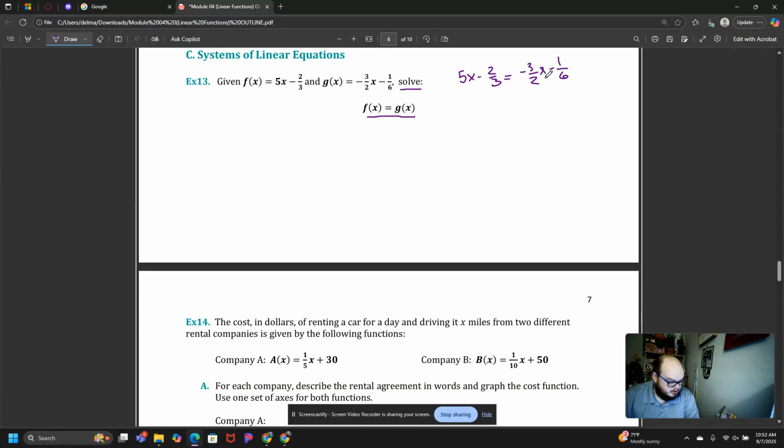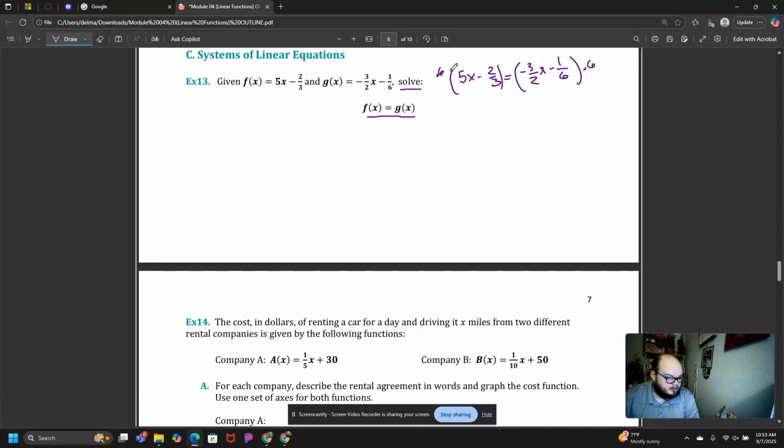Okay. And I want to try to get rid of these fractions. And I think I can accomplish that by multiplying by 6 on each side.